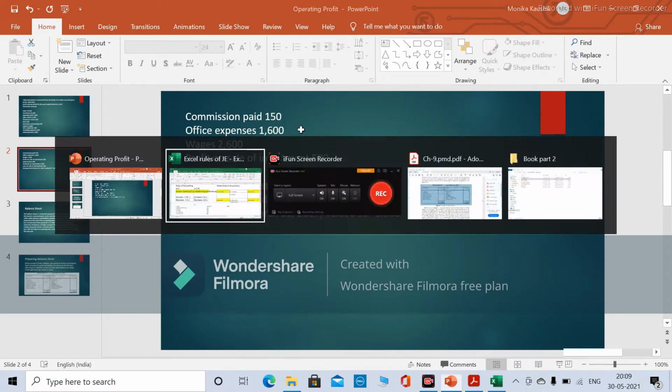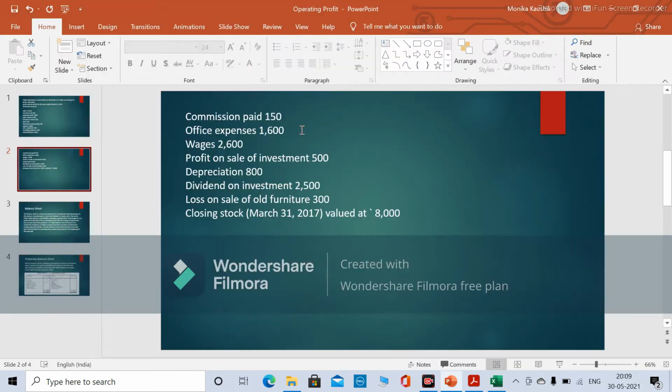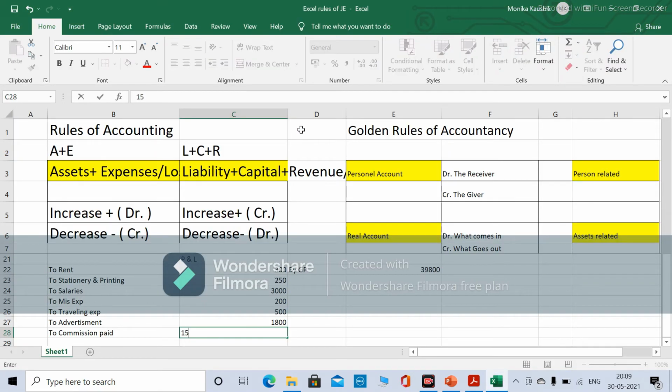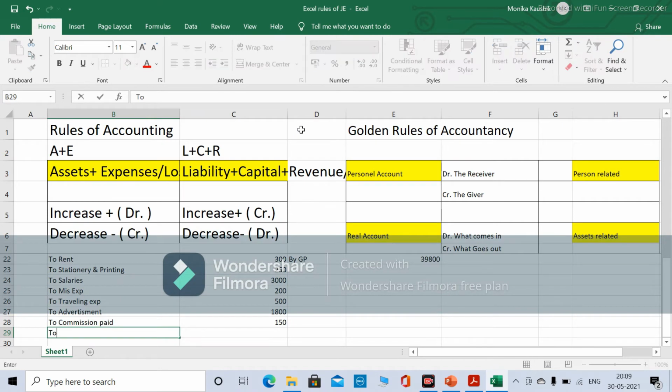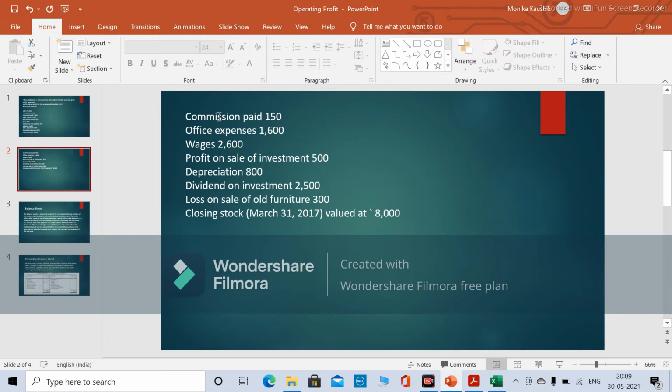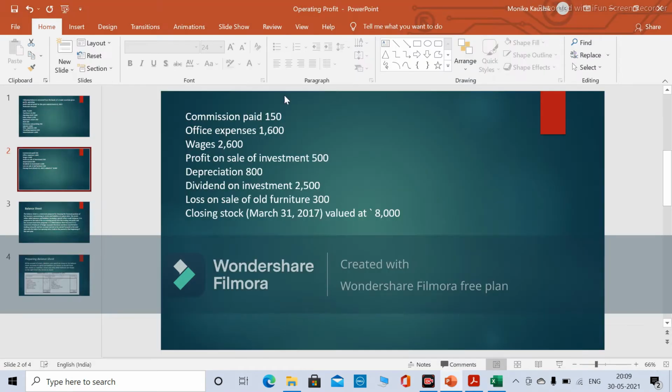Commission paid is also an indirect expense, 150 rupees. Office expenses, office related indirect expenses. If factory related, then that would be my direct expenses, 1600. Now wages I have already taken.